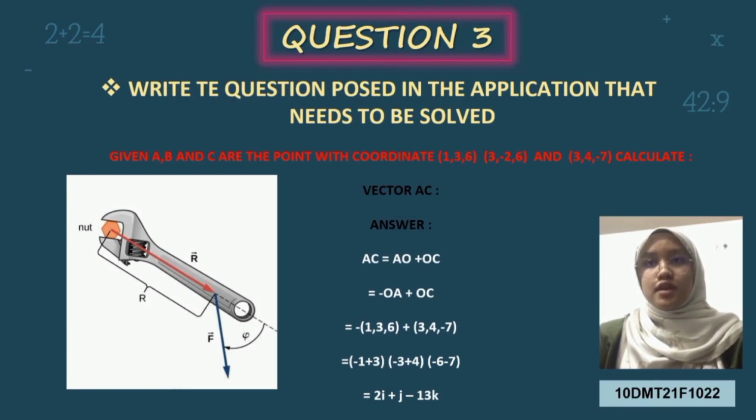The answer is AC equal to AO plus OC, equal to negative OA plus OC, equal to negative (1, 3, 6) plus (3, 4, -7). It is equal to negative 1 plus 3, negative 3 plus 4, and negative 6 minus 7. The answer is 2i plus j minus 13k.